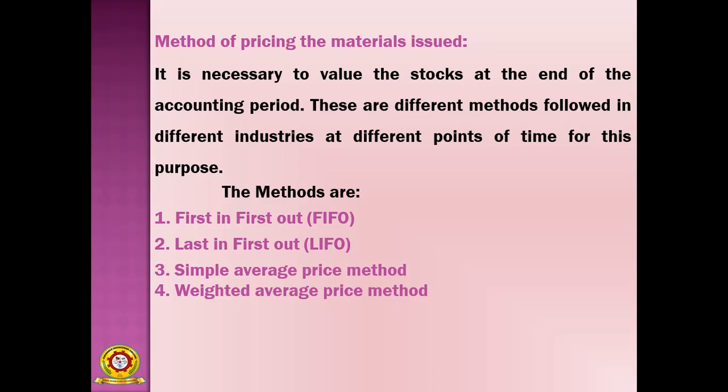You are purchasing raw materials, suppose 3 or 4 times in one month. The first time there is some price, and the second time a different price, and the third time of purchase there is a different price, and the fourth time a different price. So how do we finalize the raw material cost for the total 10,000 units, because all are in the same batch, that means the same month's production?